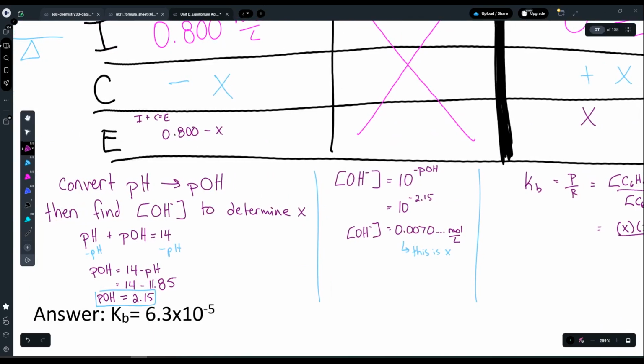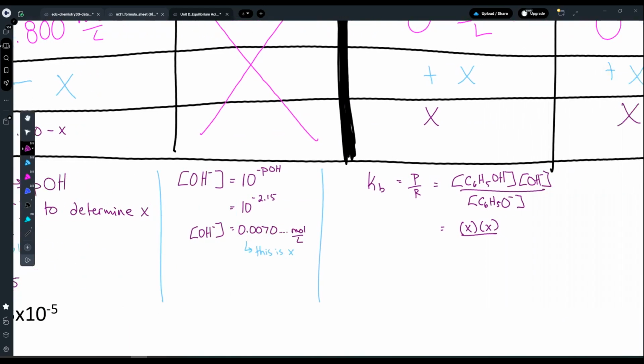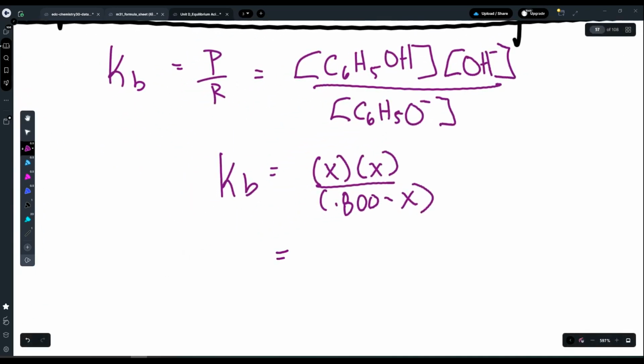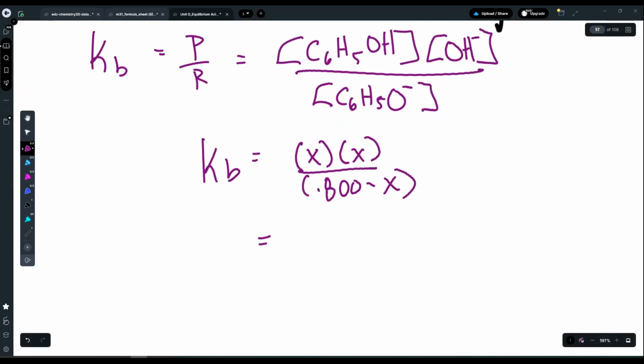So then for the equilibrium value for the phenolate ion, that was 0.8 minus X. So now I'm going to clean this up first and then substitute in.